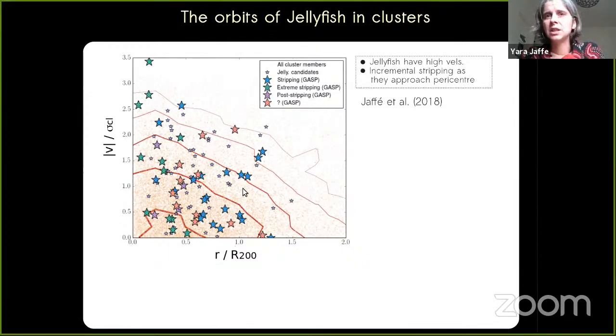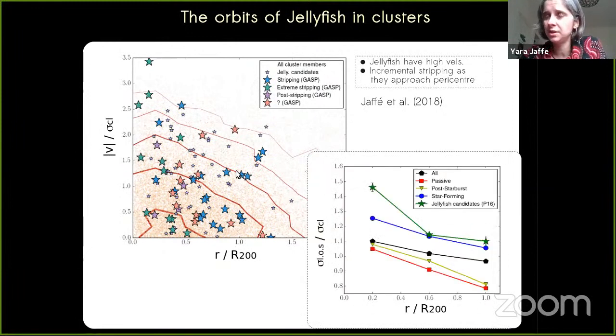So the blue stars are initial stripping, the green stars are extreme stripping, and the purple ones are post-stripping. And you can see the effect that I showed before with the Virgo galaxies, where the deeper you go into the potential and the higher the velocities, essentially, you get these extremely long stripped tails. So there's incremental stripping as they approach pericenter.